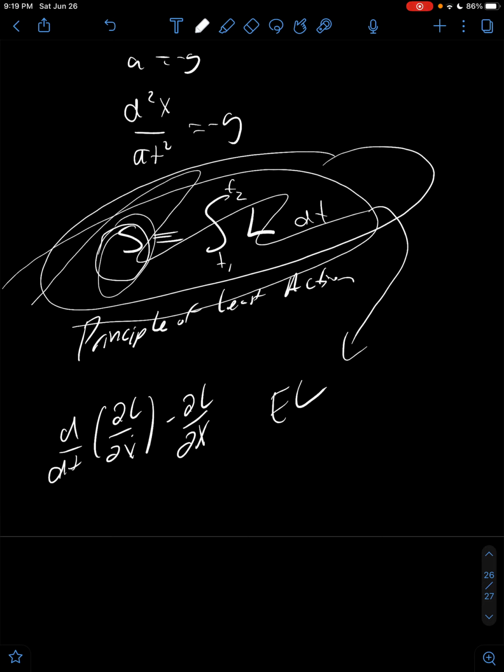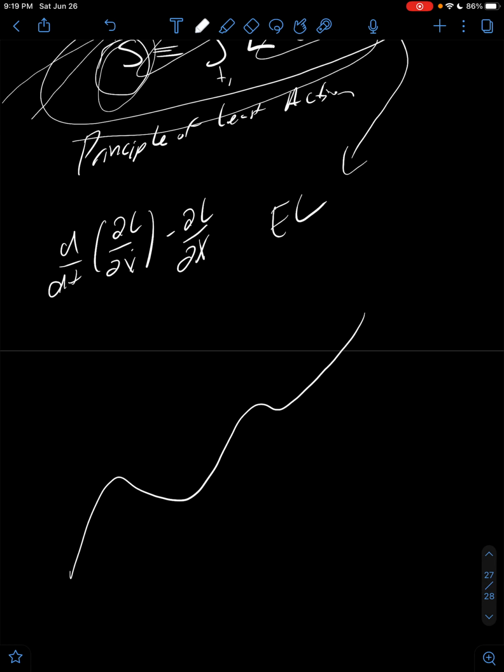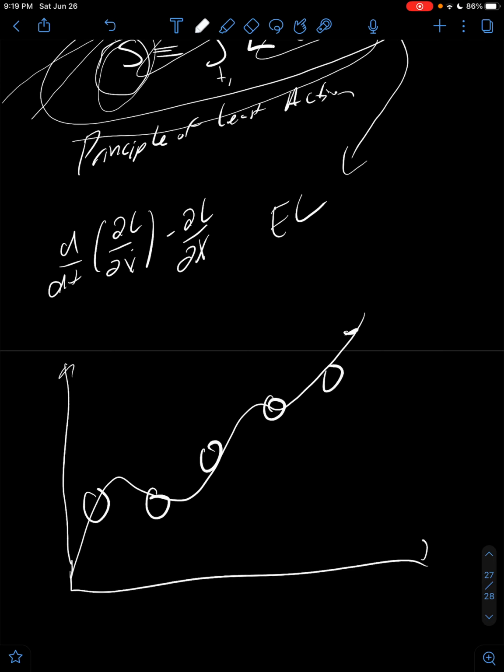This is just a definition, right? Also, the principle of these actions is basically saying, in more physical terms, that if you have some space-time diagram, with x and t, for each moment in time you have some kinetic energy minus some potential, and you're basically summing all of those values.